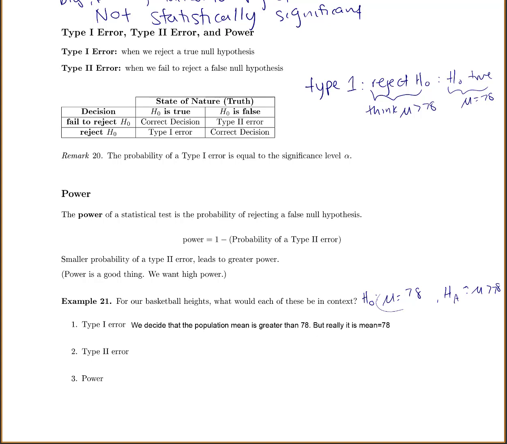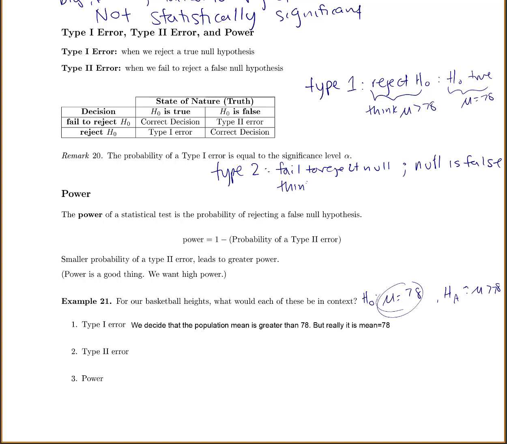So let's do the same thing for a type 2 error. For a type 2 error, we fail to reject the null, but the null was actually false. So if we fail to reject, then we say, okay, well, it might still be 78.